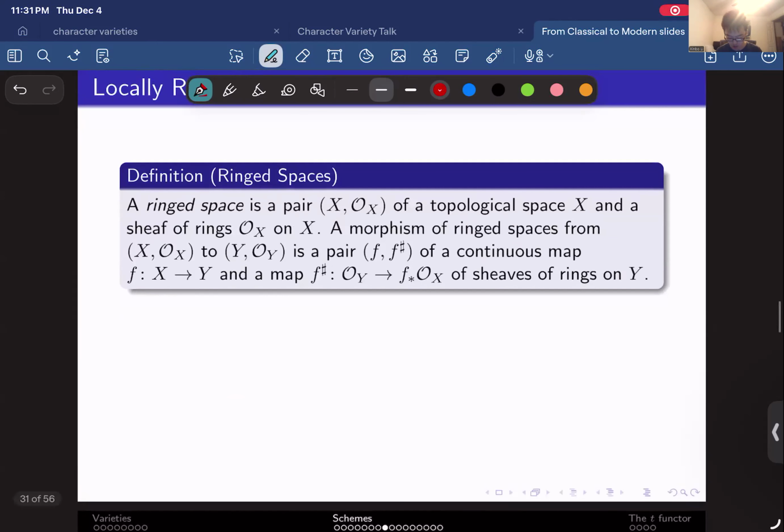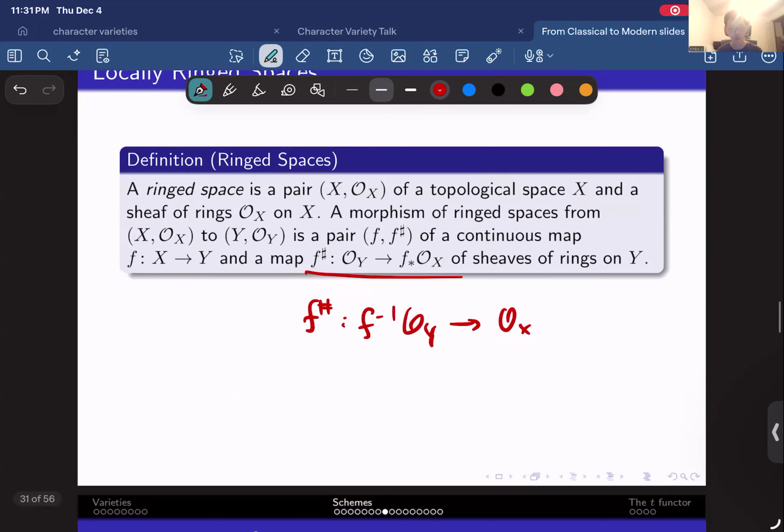This map actually has an equivalent description: F upper sharp could be F inverse O_Y mapping to O_X. And in different situations, you might want to use one over the other.